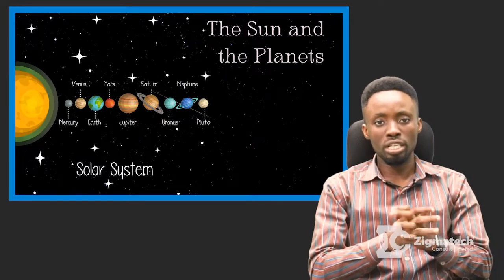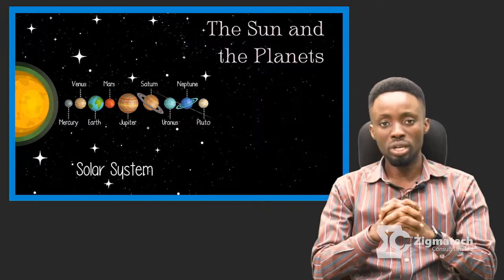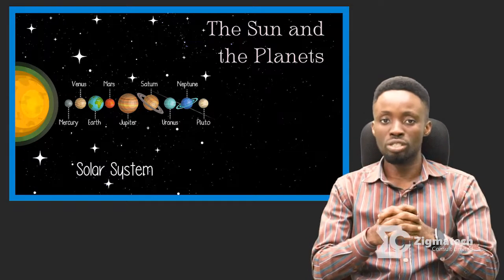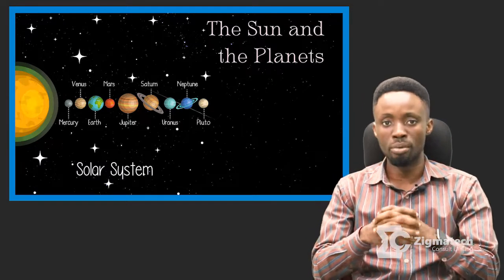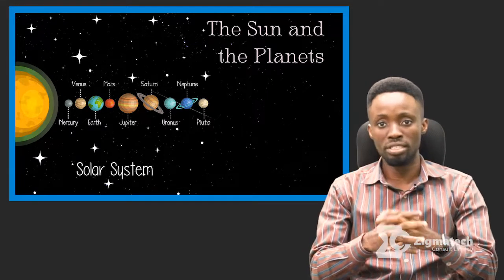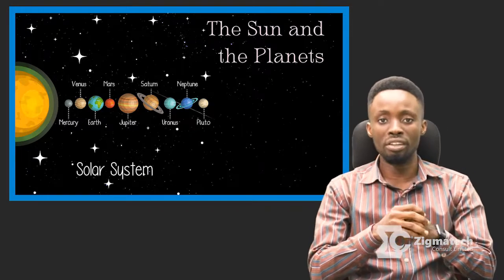So let's take a look at how the solar system looks. As you can see, like I said, the sun is the major object we have in our solar system. It's the source of all energy and the source of light in our solar system. And we have planets like Mercury, Venus, Earth, and Mars.